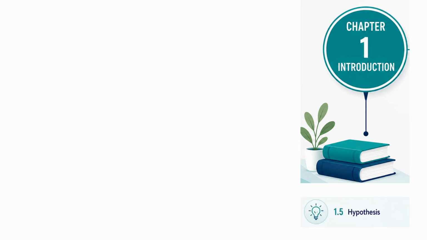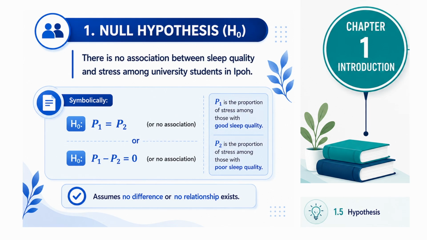Next is hypothesis statements. A hypothesis is an assumption about the research outcome, what you are going to get at the end of the study. So the assumption or hypothesis can be presented as a null hypothesis or an alternate hypothesis.